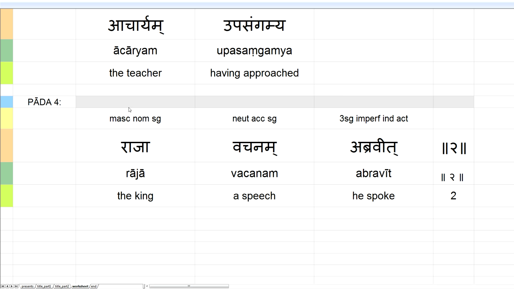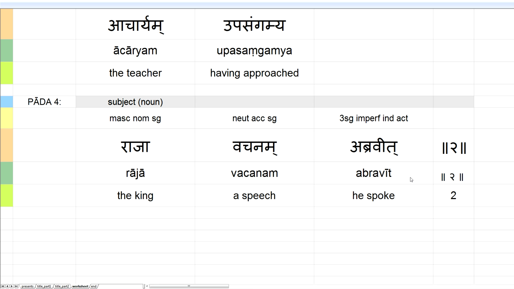Now we just have 3 more words to go. We have a nominative here, and once again this is a subject noun. Oh sorry, I should have copied the right.